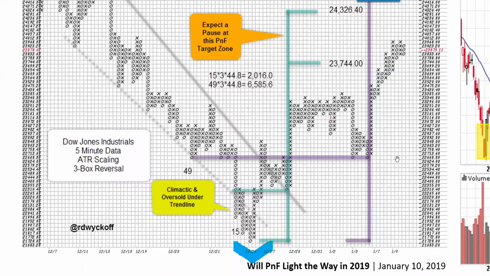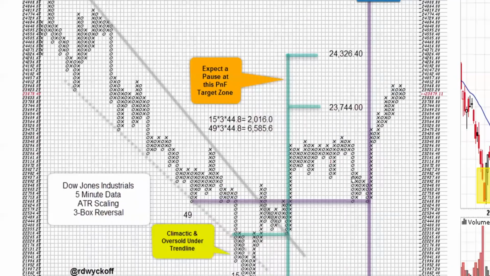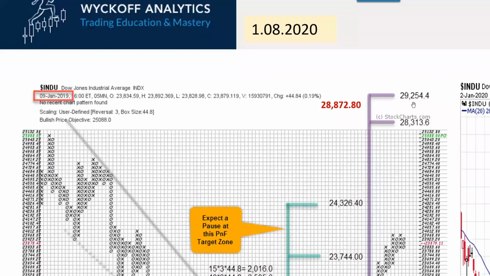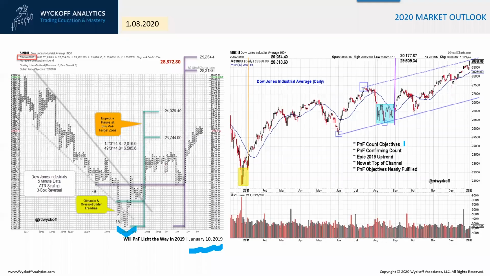This count across the count line at 22,668 counted, and this is intraday data, 5-minute data actually, counted up to a remarkable 29,254 at the extreme.